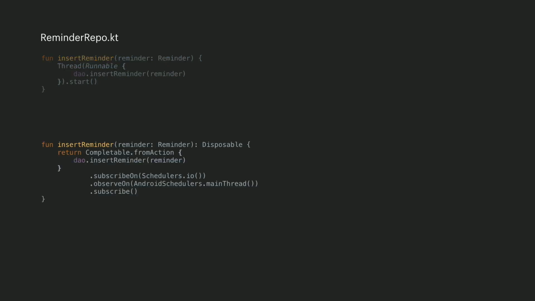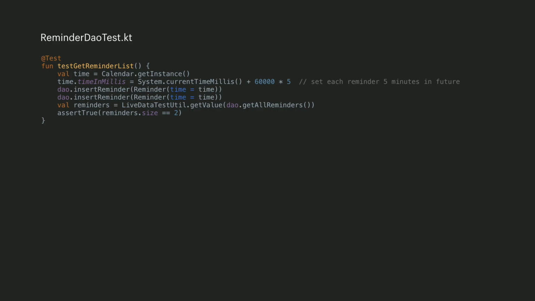With RxJava, what you can do is wrap that in a disposable, so that any subscribers can provide a callback if they want, to get notified when it succeeds or if it fails. And if not, you don't need a callback, that's fine. As far as the caller of this method goes, it has no idea that it's doing any threading. So this whole setup worked out really well for me.